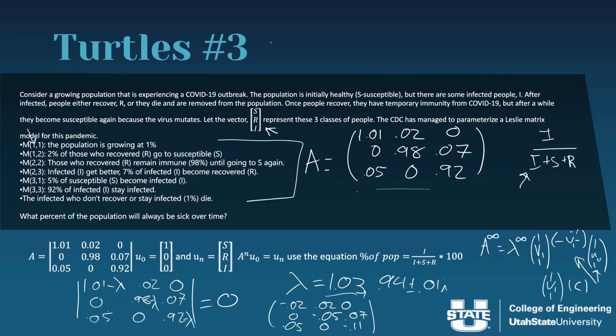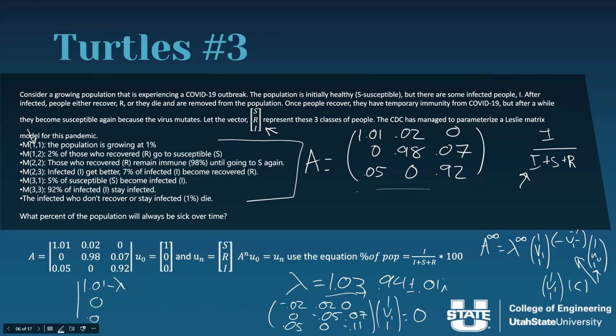Okay. All of this multiplied by my eigenvector matrix should give me 0. Because these aren't super nice numbers, I'm going to set this up as a system of equations. I'm going to erase this because it doesn't matter. Impossible to solve. So I'm going to start by setting one of them equal to 1, just because that makes my life easy, and then I can start working it out. So I'm going to set my third one equal to 1.